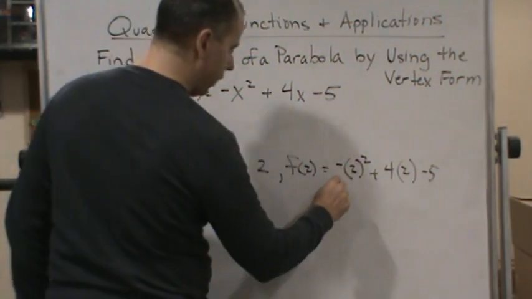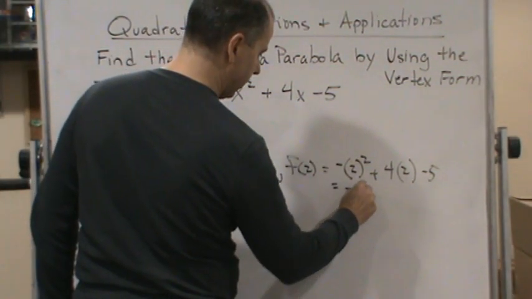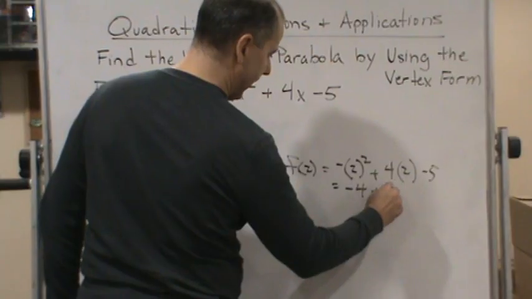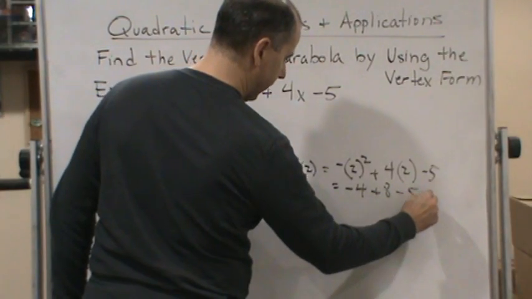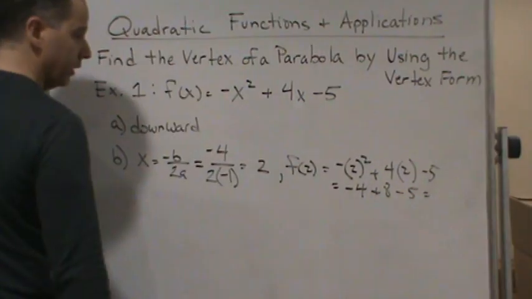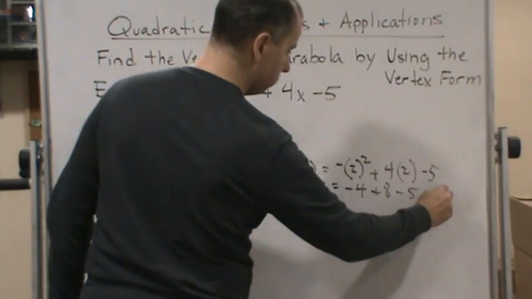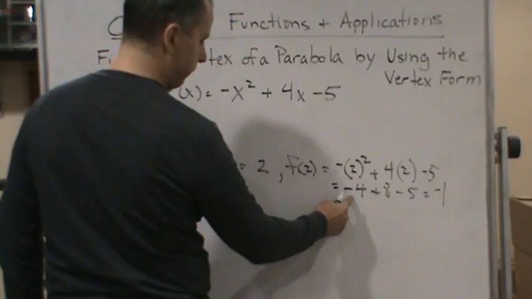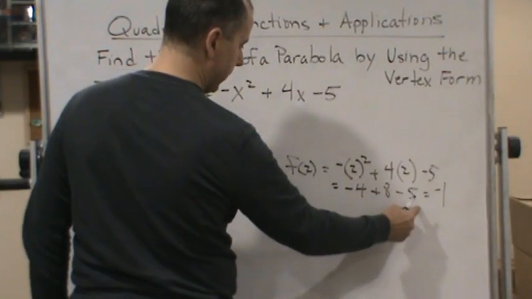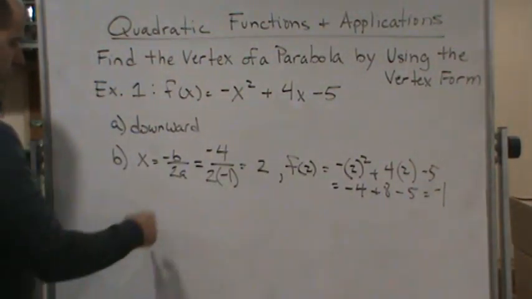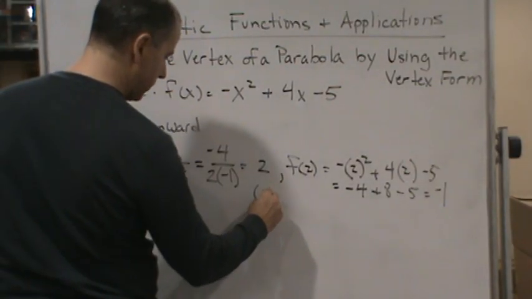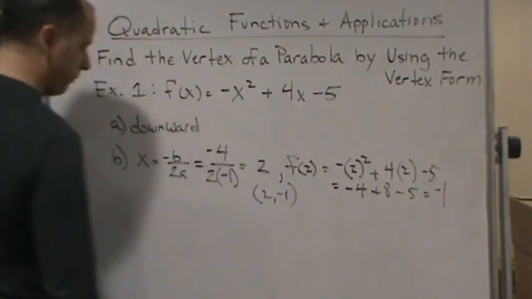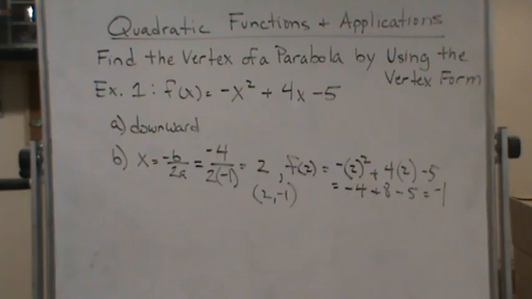So that means this is going to be negative 4 plus 8 minus 5, which equals negative 1. Negative 4 plus 8 is positive 4, minus 5 is negative 1. So now the vertex is easy. It's 2 comma negative 1. That's our vertex, and that is the answer.